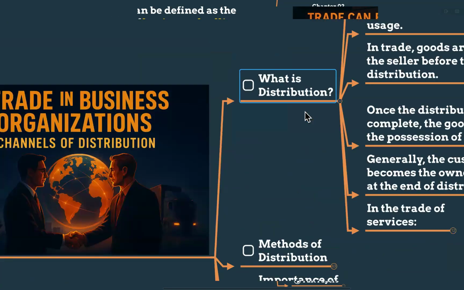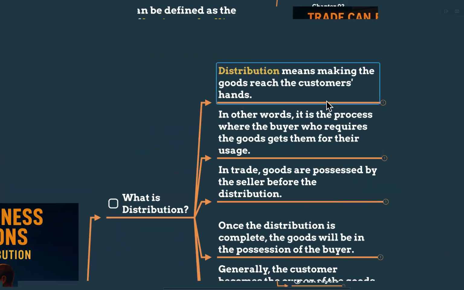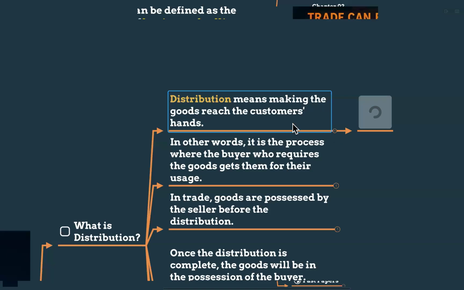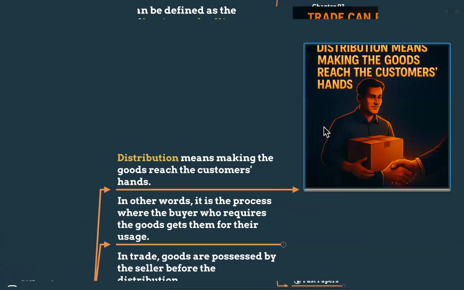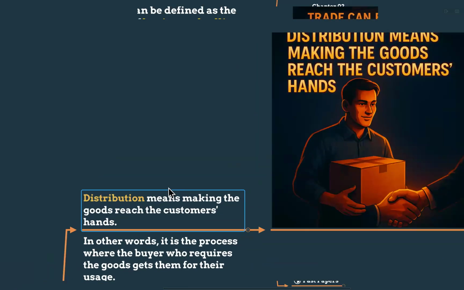So now let's learn first about distribution. What is distribution? Distribution means making the goods reach the customer's hands. That's all about distribution. Like logistics also, we heard the same meaning, right? Inbound logistics, outbound logistics. Can you remember from our previous session? Like that, distribution itself is making the goods reach the customer's hands.